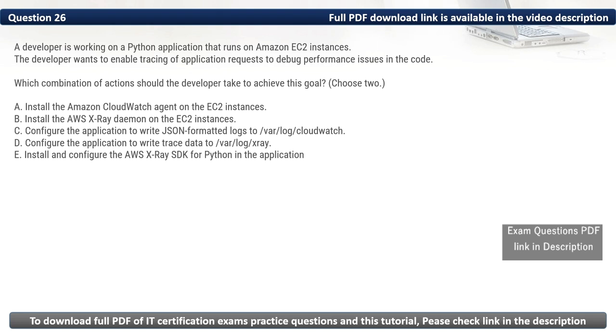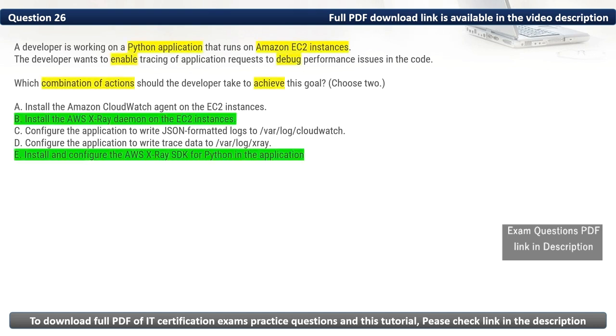Here in this question, the developer can achieve this goal by installing the AWS X-Ray daemon on the EC2 instances and installing and configuring the AWS X-Ray SDK for Python in the application. Thus, the correct options are B and E.